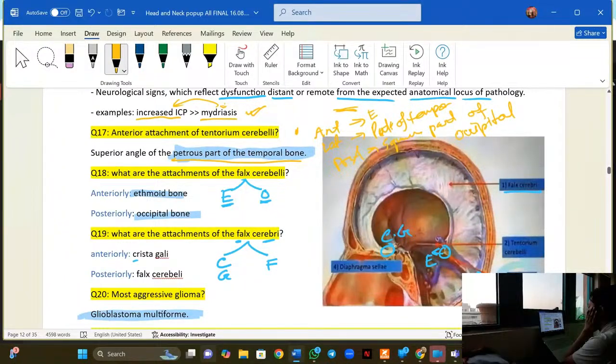Anteriorly ethmoid bone, posteriorly occipital bone.